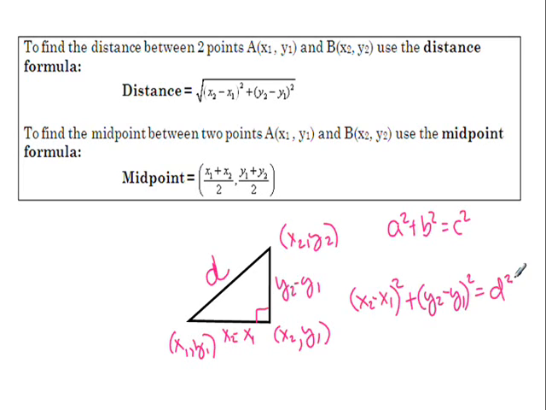And then if I want to find out what d is, I just take the square root of that. And since this is an equation, if I want to do it to one side, I got to do it to both sides. And oh, look, that's where the distance formula comes from. It's simply the Pythagorean theorem. So if you can turn your points into a right triangle, you could just use the Pythagorean theorem. And that's what I always do.